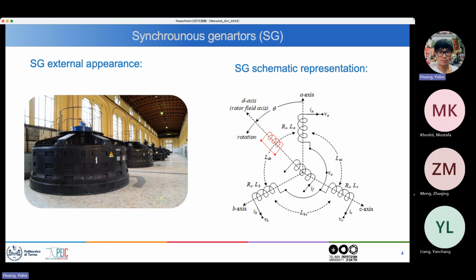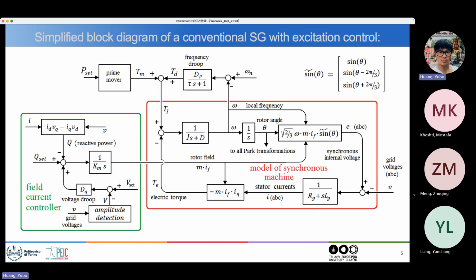Here is a simplified block diagram of the conventional synchronous generator from the previous slide. This picture is actually not only the synchronous generator, but also includes the field excitation controller.